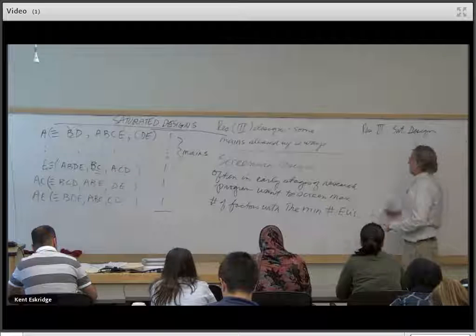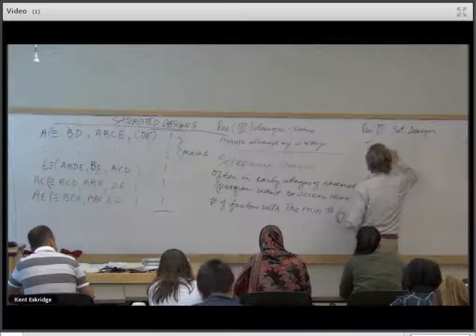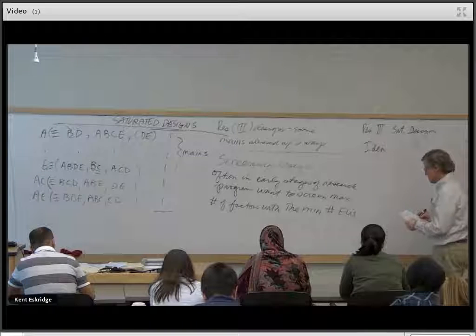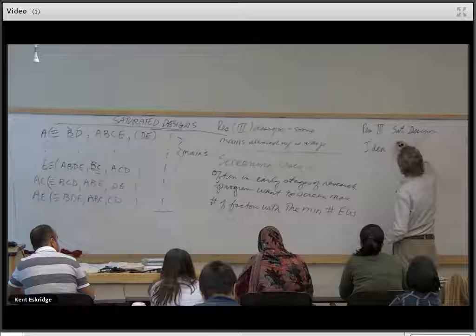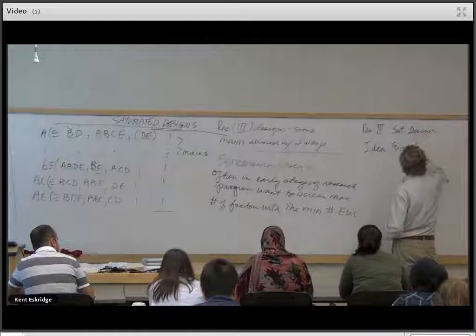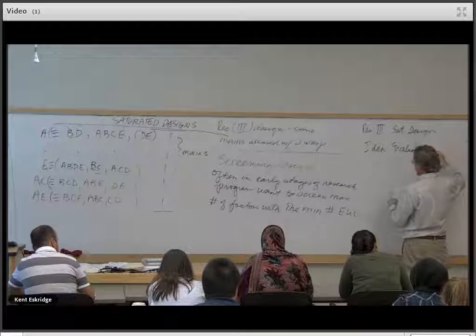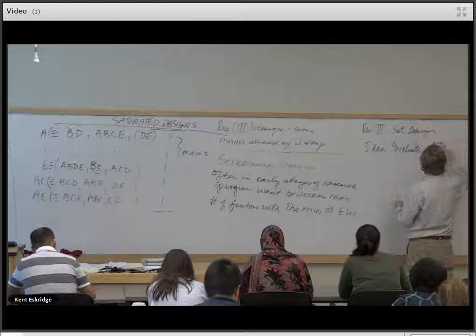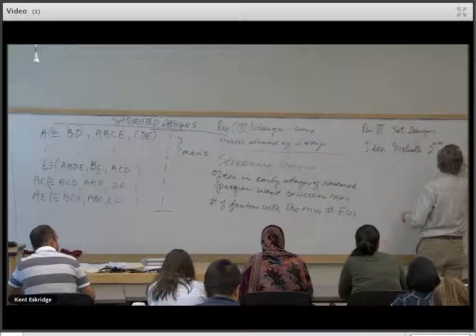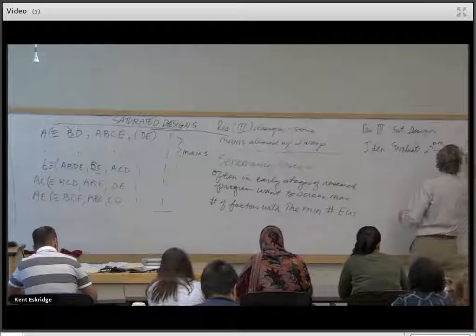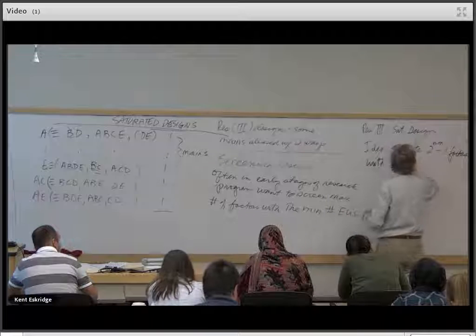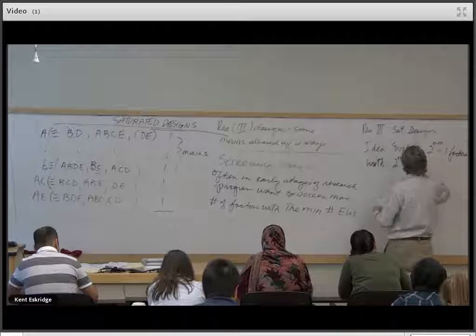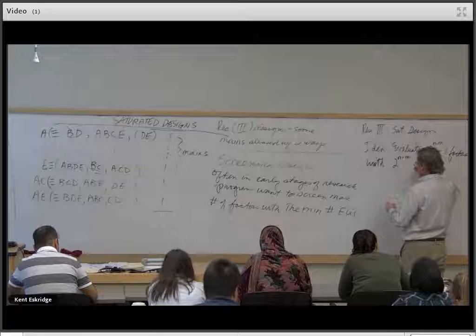So the idea here, how far can I take this? I want to evaluate 2 to the n, 2 to the n minus m minus 1 factors with 2 to the n minus m experimental units.